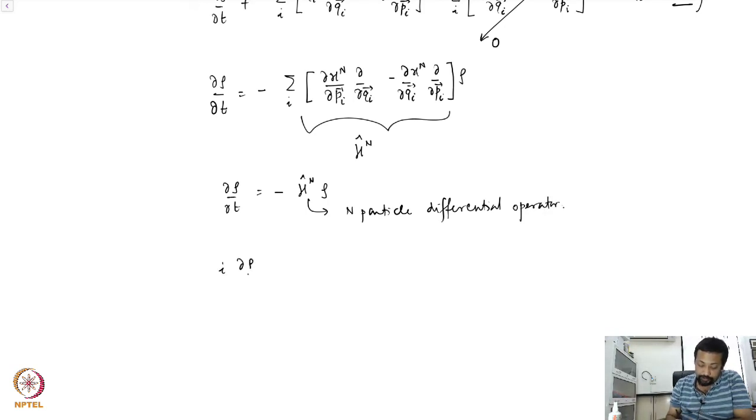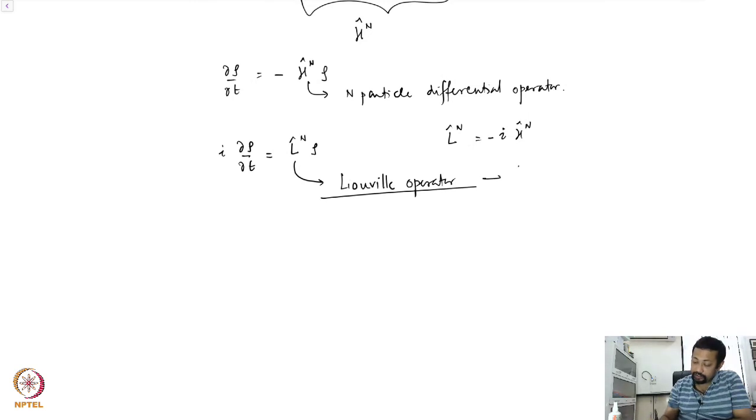Typically, this equation is recast and written as L hat n times rho, where L hat n is minus i H hat n. And this operator is called the Liouville operator, right? If you look at it carefully, you can easily see that this is a Hermitian differential operator.